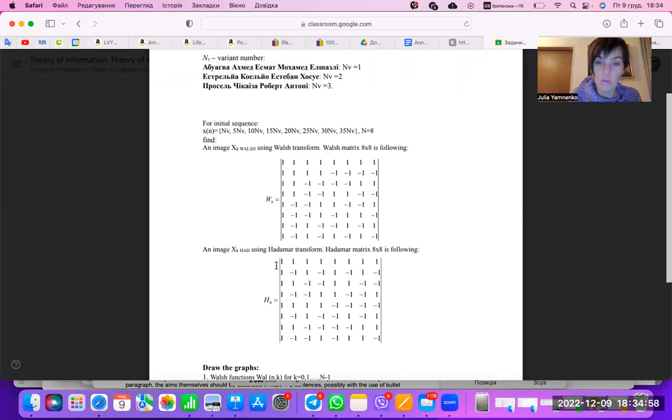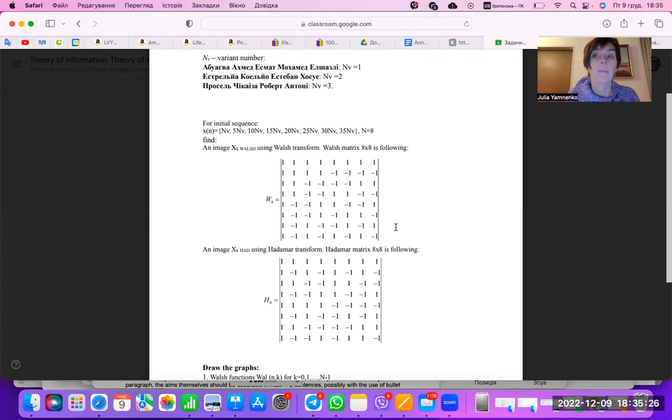Let's try to find this row in the second matrix. We will see that it is here: 1, 1, 1, 1, minus 1, minus 1, minus 1, minus 1. Also, we can find all of the rows of the Walsh matrix in the Hadamard matrix and vice versa.